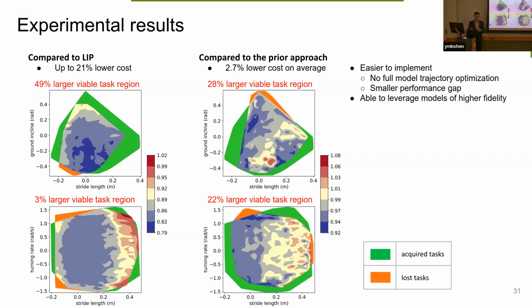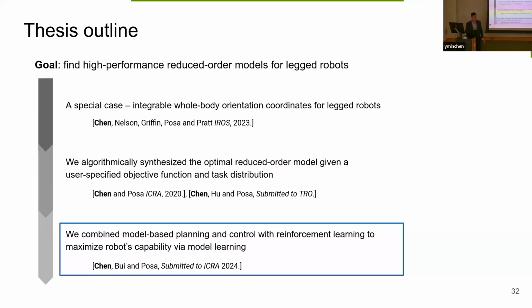So the details in this case could be, we can add the actuator delays, we can add state estimator, we can add compliant components of the model, which might not be easy to add in the previous approach because having a very complex model inside forward model trajectory optimization makes it very hard to solve. Okay, so that was the last chapter.